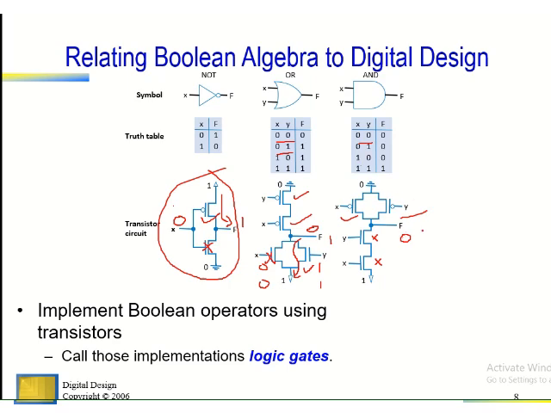And you will only get 1 if both NMOS transistors conduct. So if we apply 1 and 1, then this NMOS will conduct and this NMOS will also conduct. As a result, you will receive 1 over it, right?